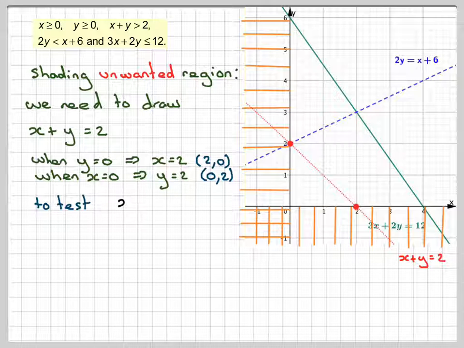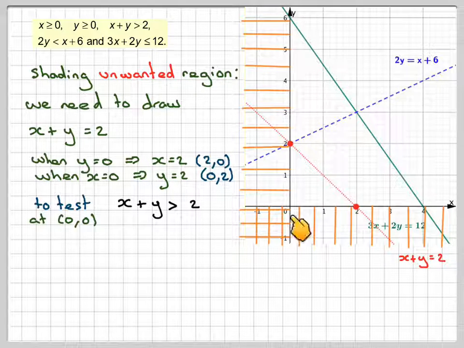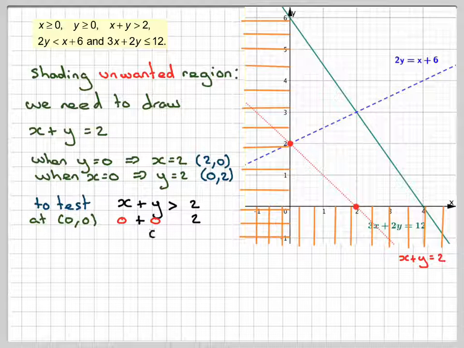Let's write down the inequality that we need to test, which is x plus y is greater than 2. We need to take a point which is not on the line. The easiest one is 0, 0. If I take 0, 0, I get 0, and I've got 2 over here, so 0 and 2. If I put the values in, for the inequality to be correct it would have to go that way round, which disagrees with the one that we wanted.